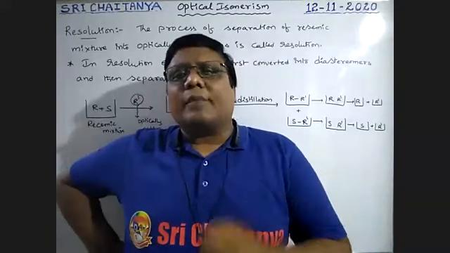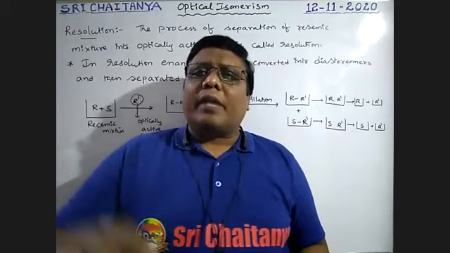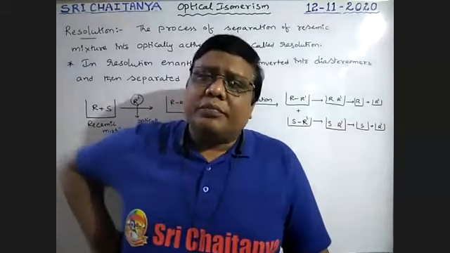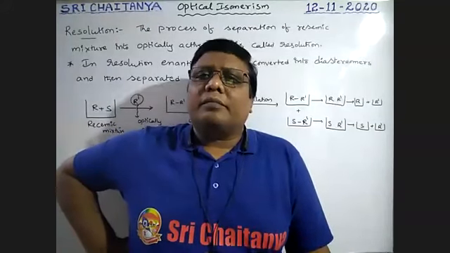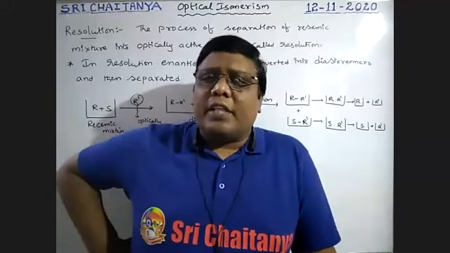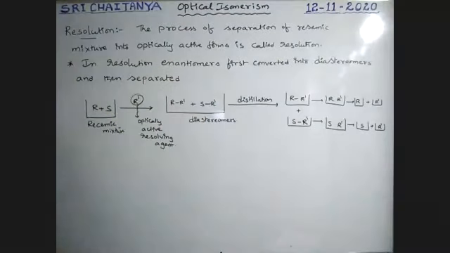Now we have a racemic mixture. Now I am trying to separate that racemic mixture into individual components, that is the dextroform and the levoform. Boys, this is our racemic mixture, with the R configuration and the S configuration, one is dextro, the other is levo.